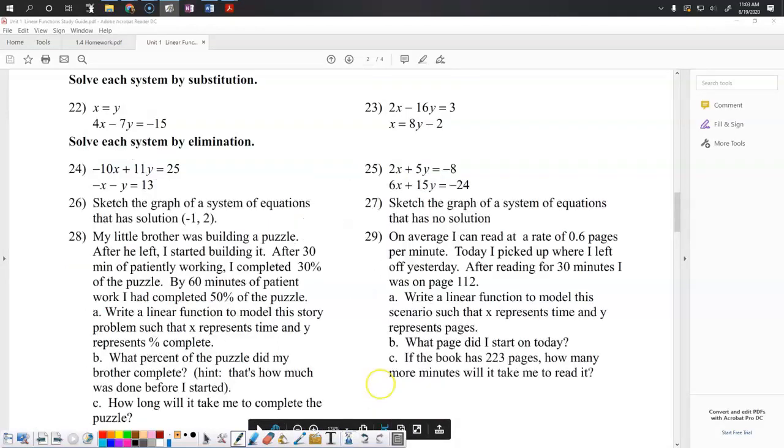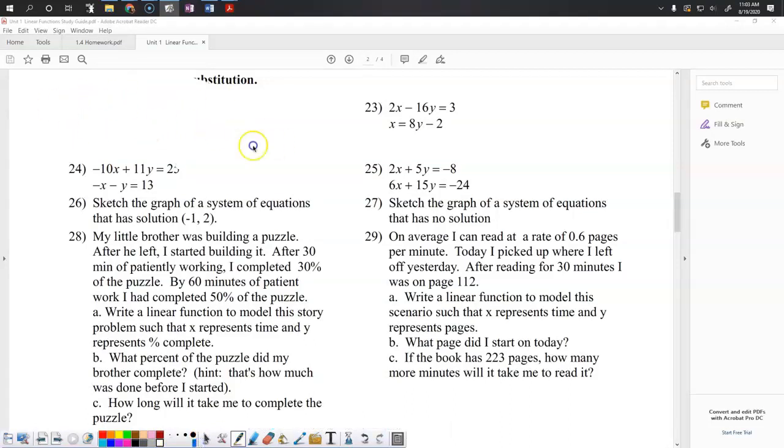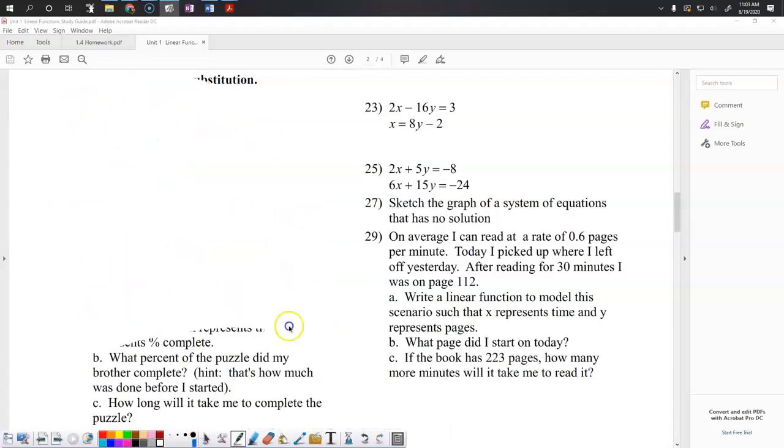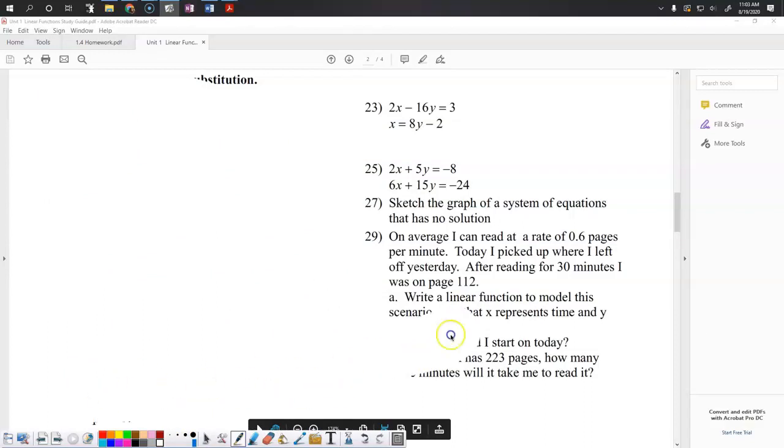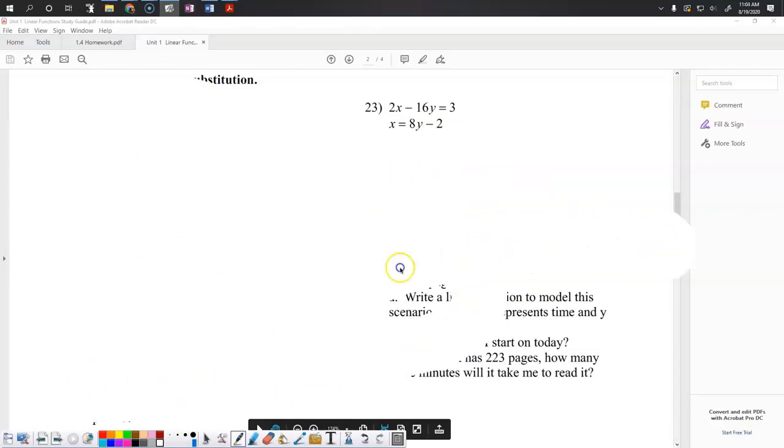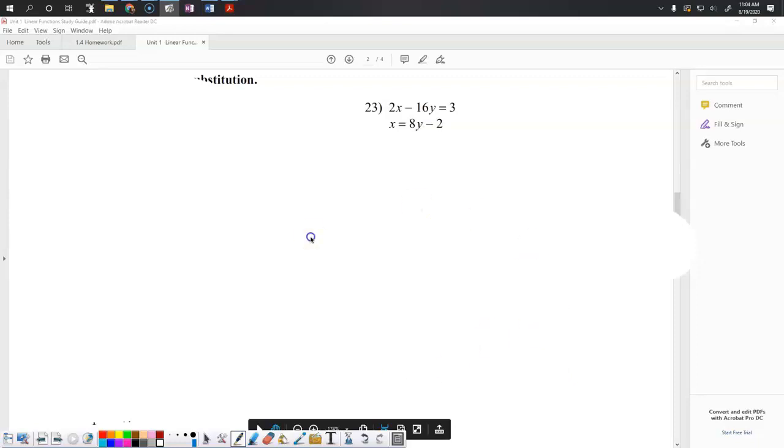Let's go ahead and take a look at number 23 there. Once again, we're going to need some writing space though. Oops, that's the wrong one.